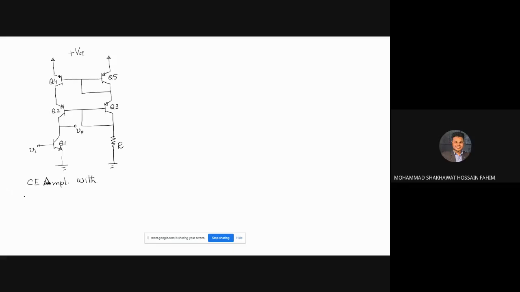Sir, current mirror circuit. It's the cascode current mirror. Okay, cascode current mirror. So we have used the cascode current mirror as the active load.